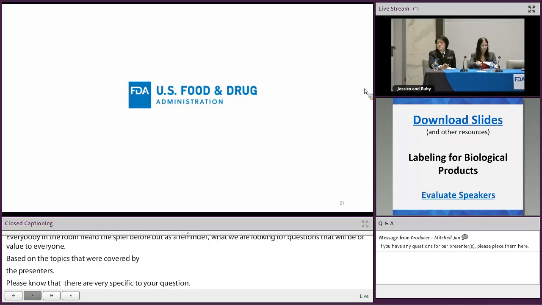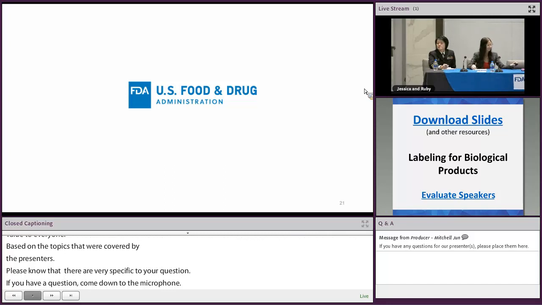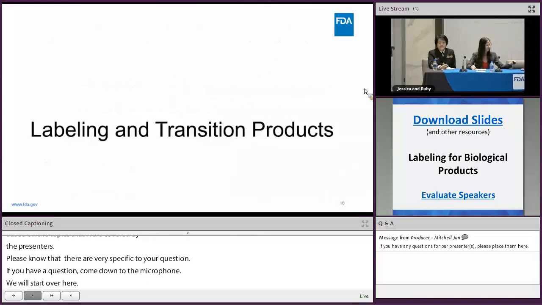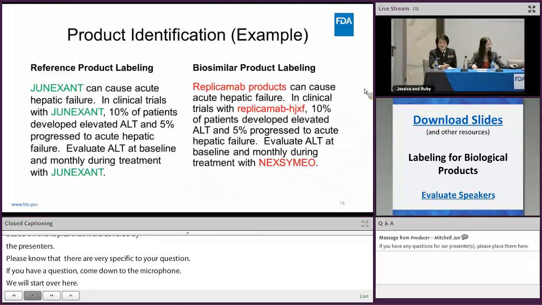So in the example on slide 14, when you compared how the adverse events would be shown for the innovator's biological product and then how it would be shown for the biosimilar, it looks curious to me because I know working in drug labeling, when you're describing adverse events or warnings or even non-clinical data, and sometimes when you use the non-proprietary name, FDA comments back that you should use the trade name consistently throughout the labeling, because it would be confusing to readers or prescribers, or that you may be discounting or undervaluing risk information in the label.